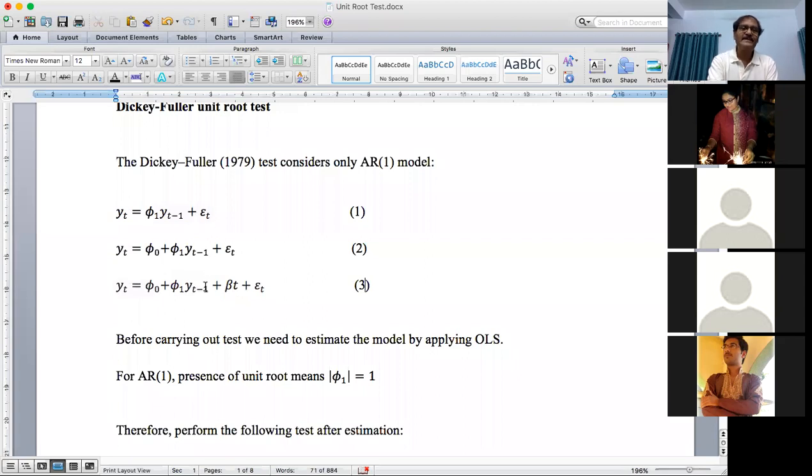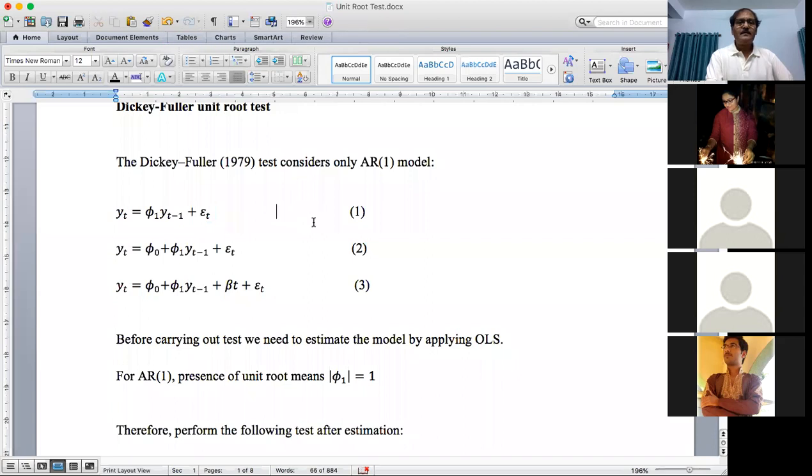But in all cases, Yt follows AR1 because Yt depends on its past value only, the one period back value. Yt is equal to phi1 Yt-1 plus epsilon t. In the second equation also, Yt is equal to phi1 Yt-1 along with the intercept term. In the third equation, Yt is equal to phi1 Yt-1 along with the intercept term and the trend. So we can consider these three types of AR1 series.